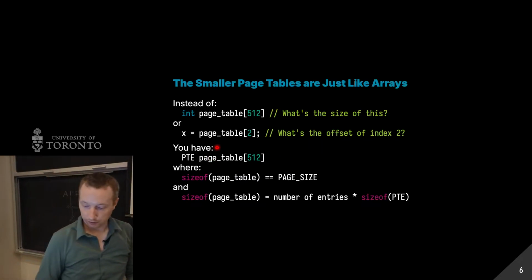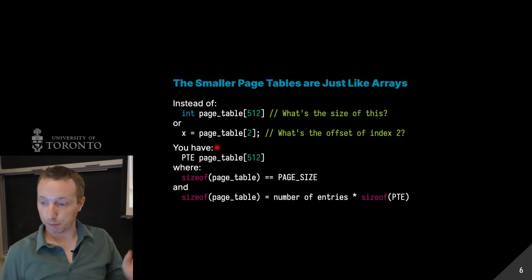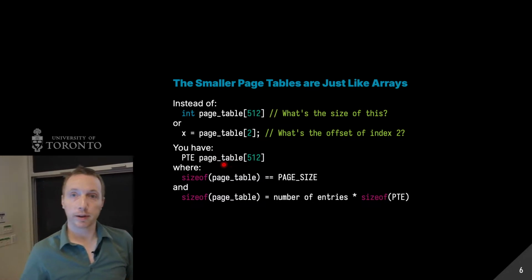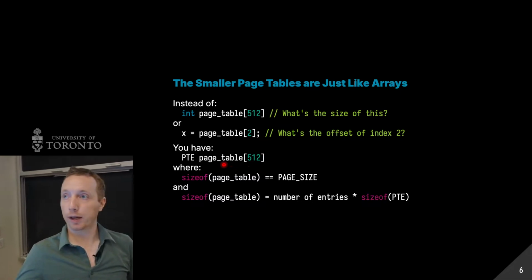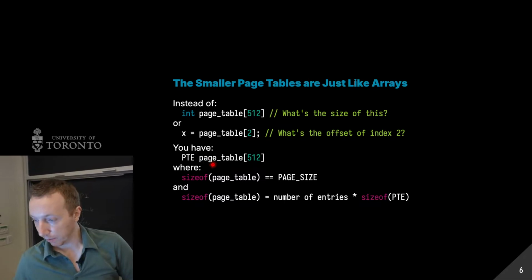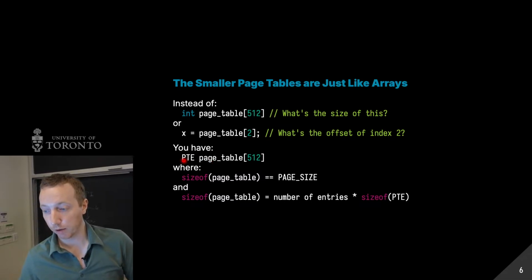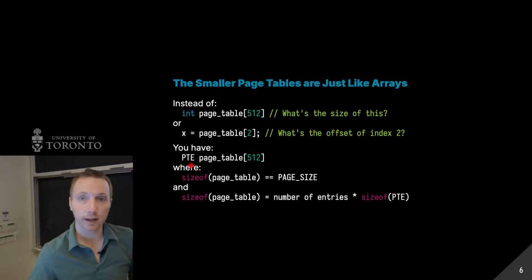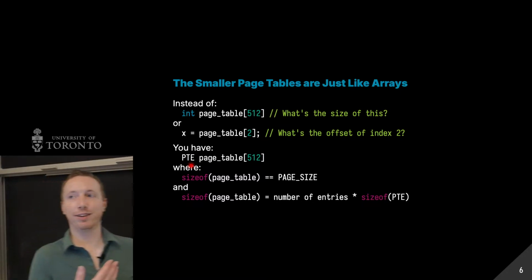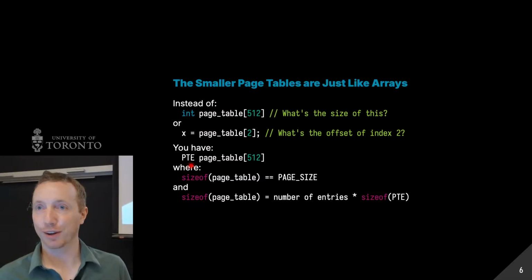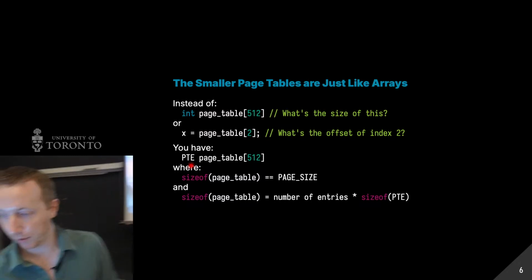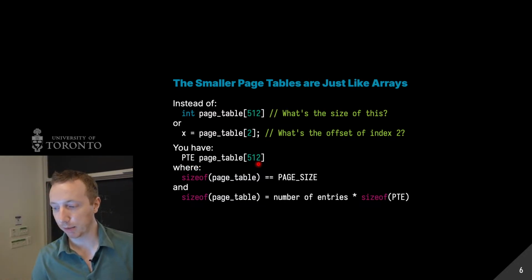Yeah, so same thing here. So just to verify that we are filling up a whole page, 2 to the 9 is 512. So here, just think of the page table as just an array. If I say you have 512 PTEs instead of ints, and I asked you how many bytes that consumes, what's your answer? Well, it depends on the size of the page table entry, right? If this is 8, it's just 512 times 8.